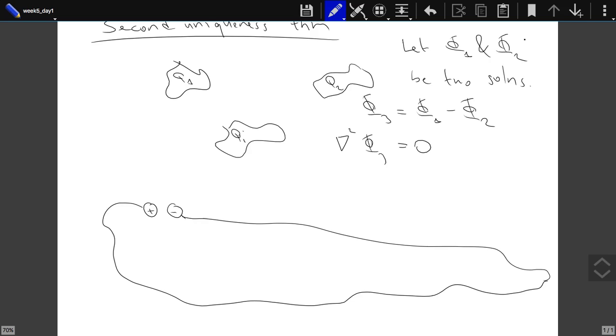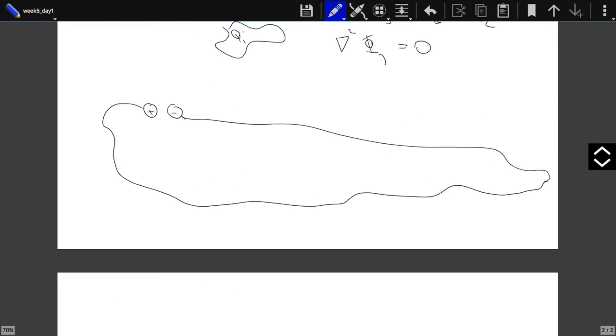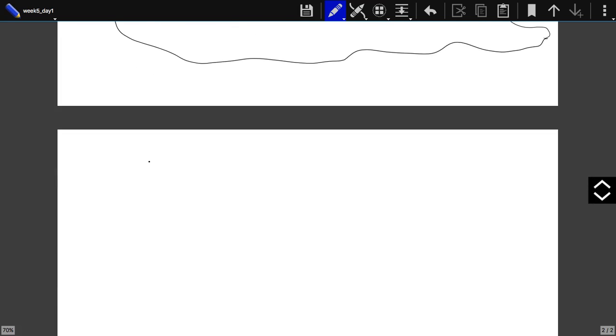Now in this one, let's consider this expression. We have this phi3 potential, and we have E3. The E3 we define as minus the gradient of phi3. And let's take the divergence of phi3 times E3.